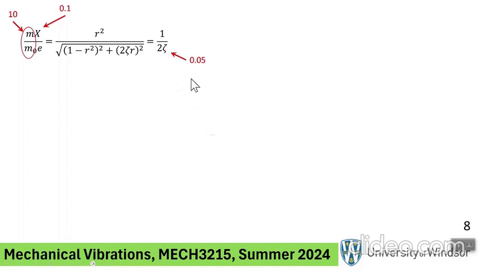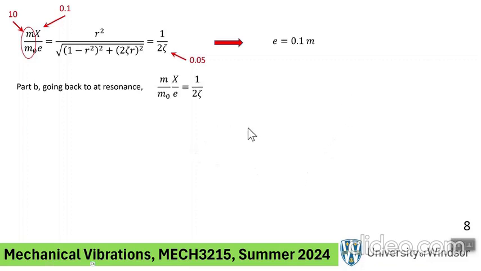Based on experimental data, zeta was found to be 0.05. The only unknown here is this little e, which is right there. In other words, the machine has a rotating component whose mass center is 10 centimeters away from the axis of rotation. That's part A.